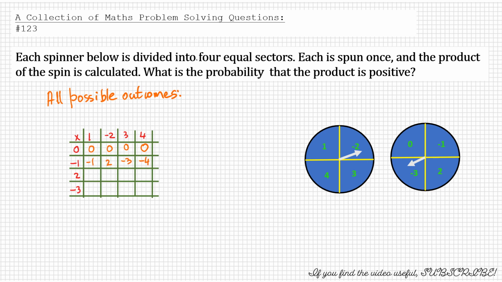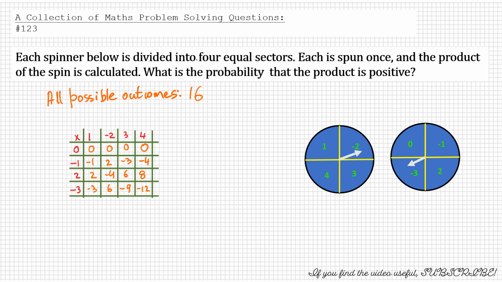If it's a -1, then you would get -1 and 2 and -3 and -4. If it's a 2, it would be 2 and -4 and 6 and 8, and then -3 and 6 and -9 and -12. So the total number of possible outcomes is 16.